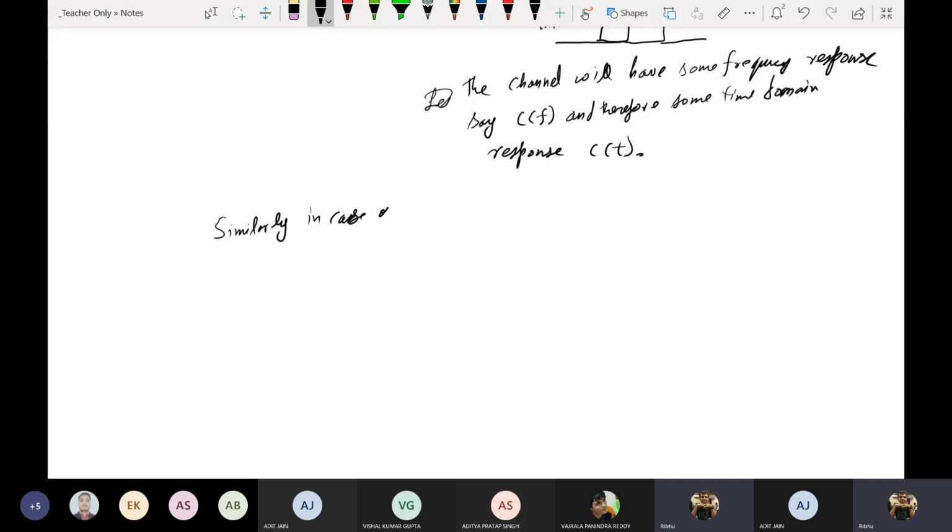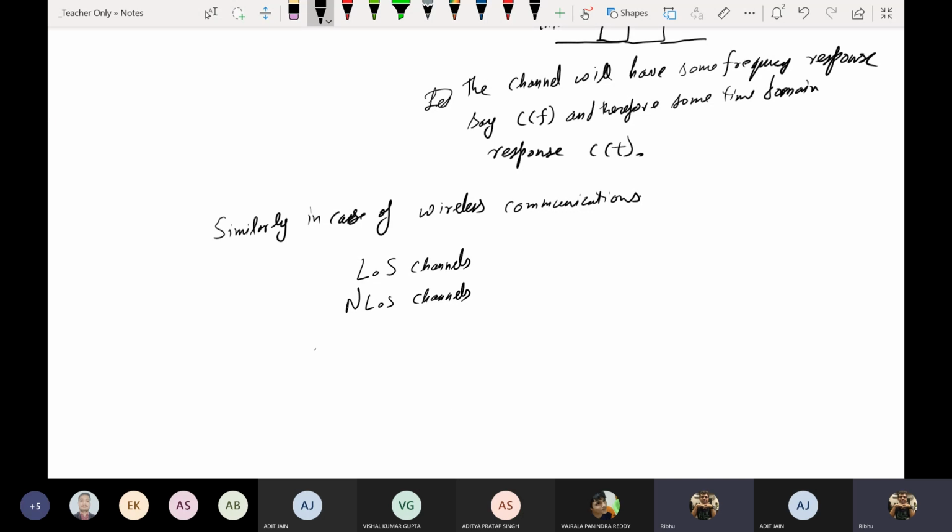So when we talk of wireless communication, actually this is a good point to introduce this. There are two types of wireless communication or two types of wireless links: LOS channels and non-line of sight channels.